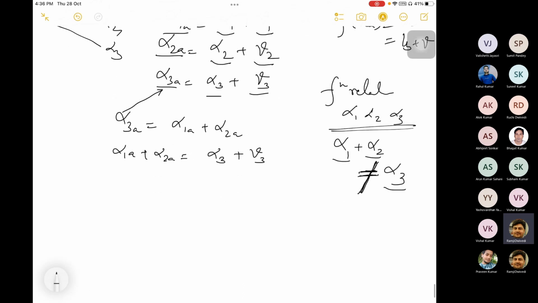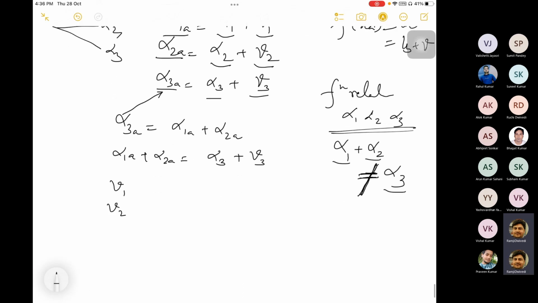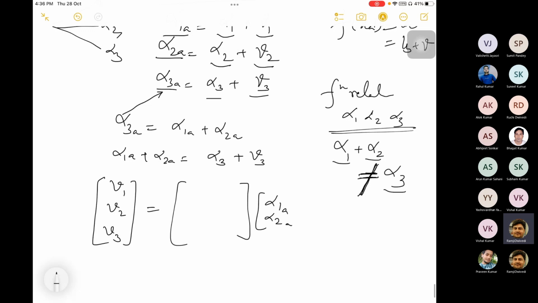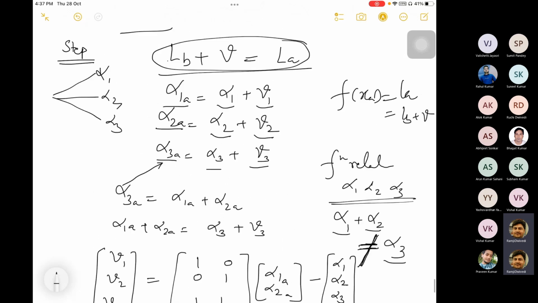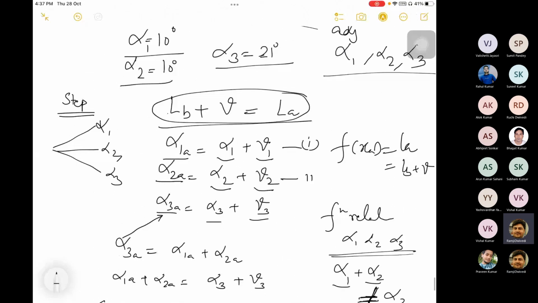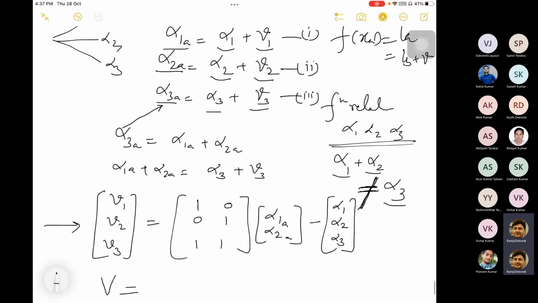Now V1, V2, V3 in one form is equal to this. We have written all three equations after replacing, equations 1, 2, 3, in this matrix form.